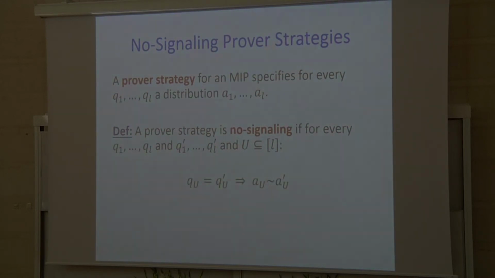Take any two sequences of queries, and suppose that they agree on some subset. Then the distribution of answers on that subset needs to be identically distributed in the two cases. Or in other words, if you just take a single sequence of queries, the answers on a subset of the queries are independent of the other queries in the probabilistic sense. We're going to see an example of that.